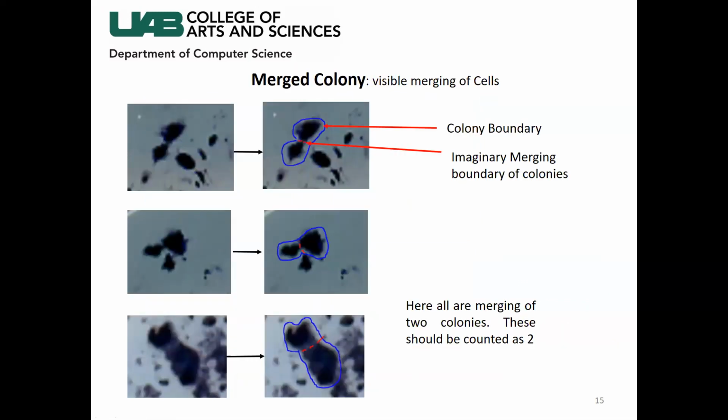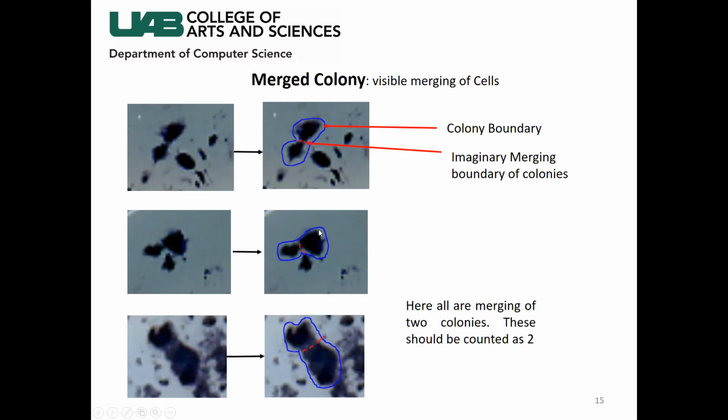Then merged colony. A merged colony has a visible merge of two colonies. For example, here it seems like two colonies have been merged in this region, so we treat it as a merged colony. We annotate it with a blue border, in this way.